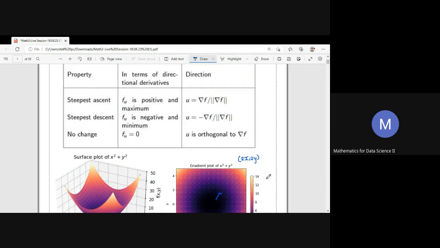Suppose you are at the point 1 comma 1, in which direction will it increase the fastest? Then you look at the gradient at that particular point. For 1 comma 1, it will be 2 comma 2. In the direction of 2 comma 2, it will increase the fastest. Okay, so it's not always the case that it will be the maximum at that point as well. No, no.